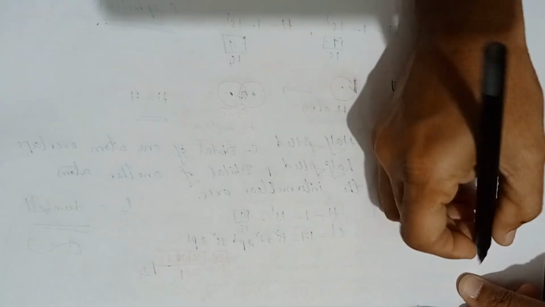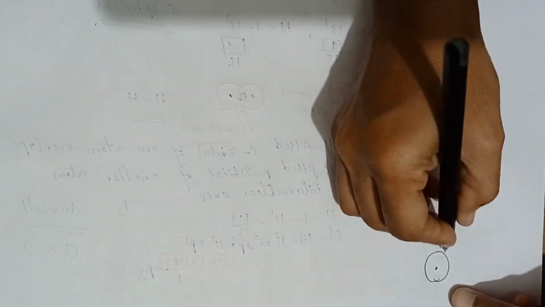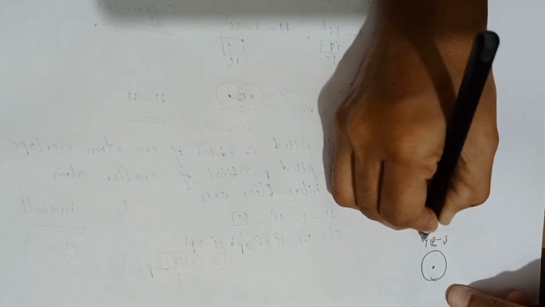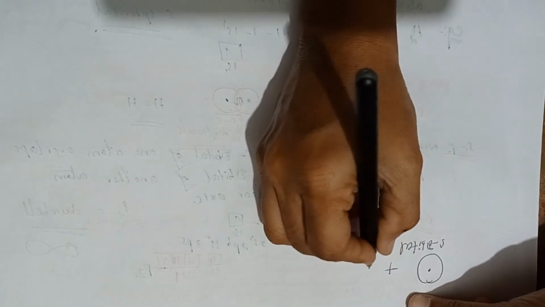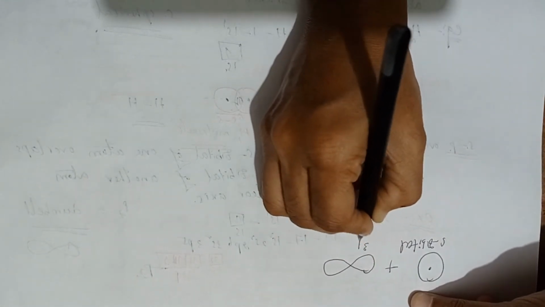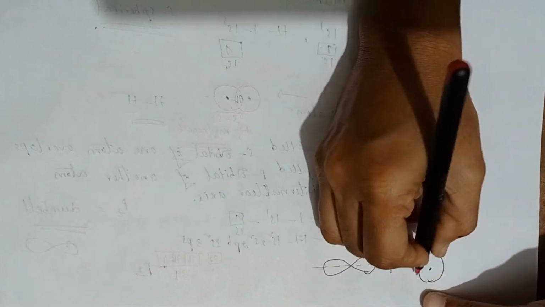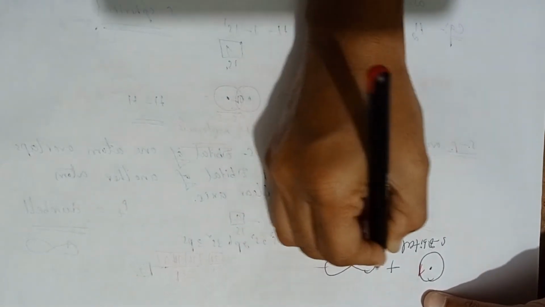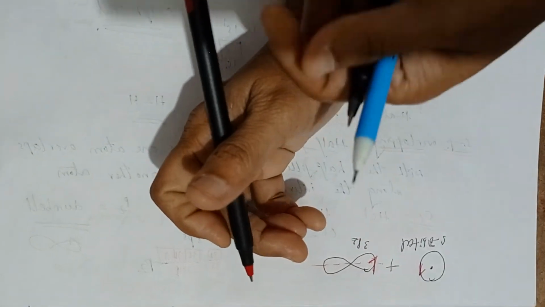This hydrogen atom s orbital undergoes overlapping with the chlorine atom pz orbital, the 3pz orbital. This is the internuclear axis. Now how many electrons are there? One electron here, and one electron here.